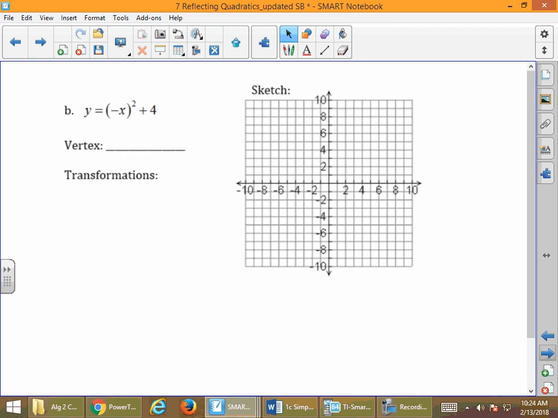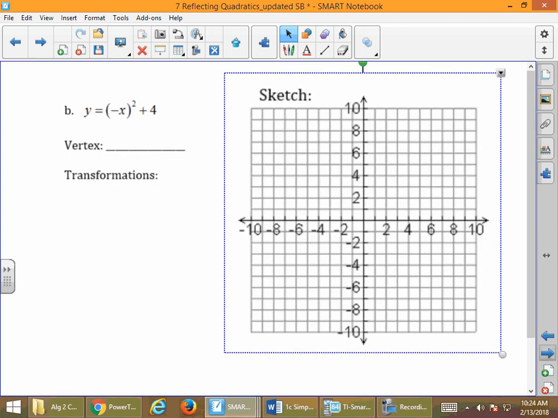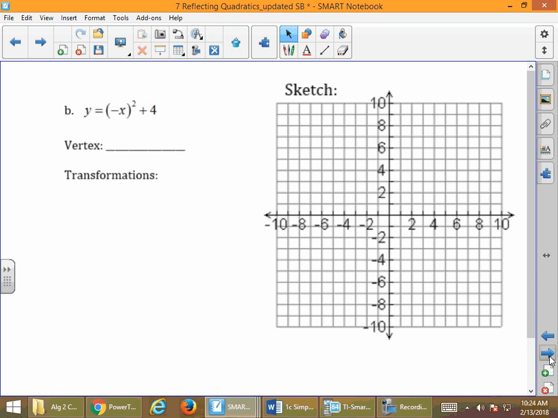But we still need to be able to identify what's happening from our equation. And this one yesterday gave us some particular trouble when we were trying to identify the vertex.